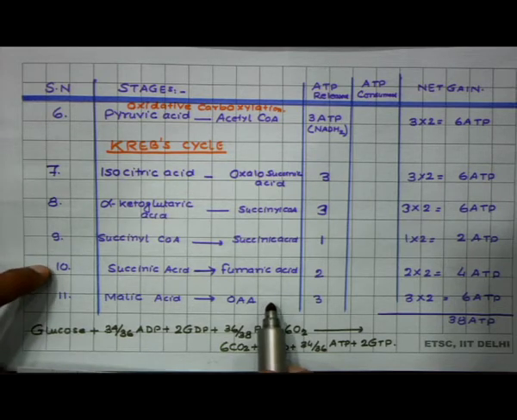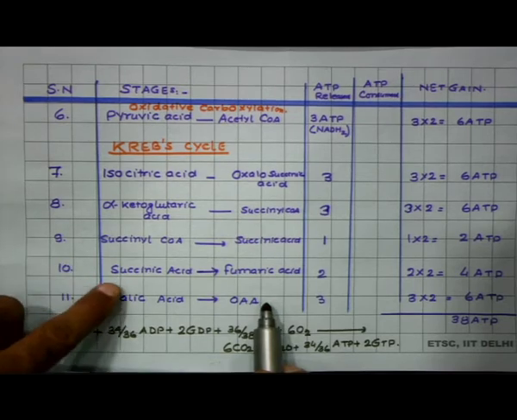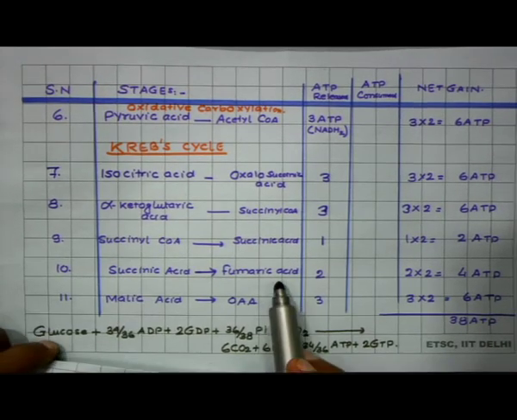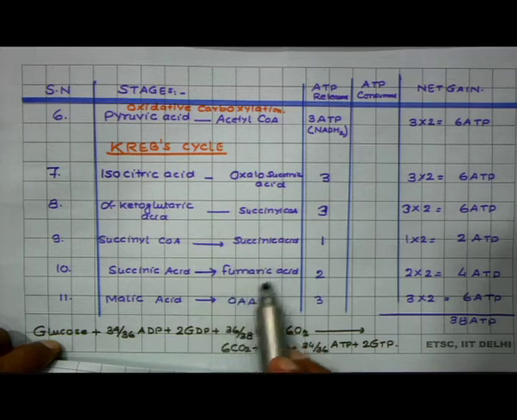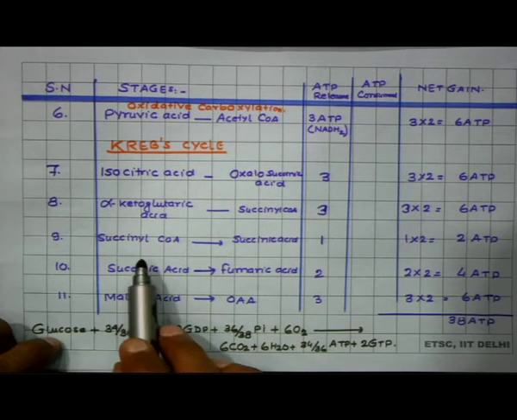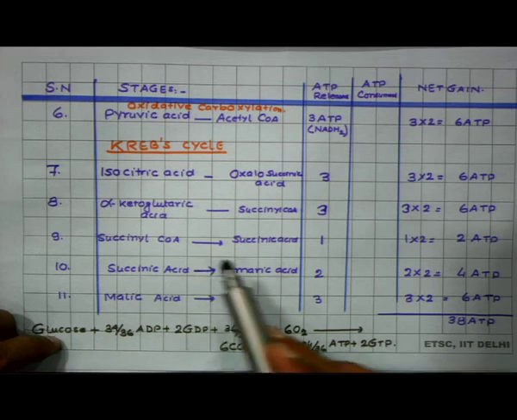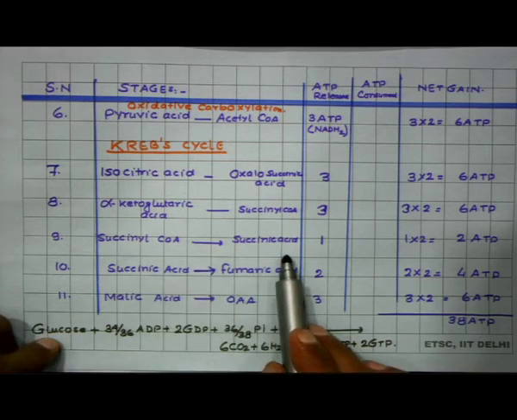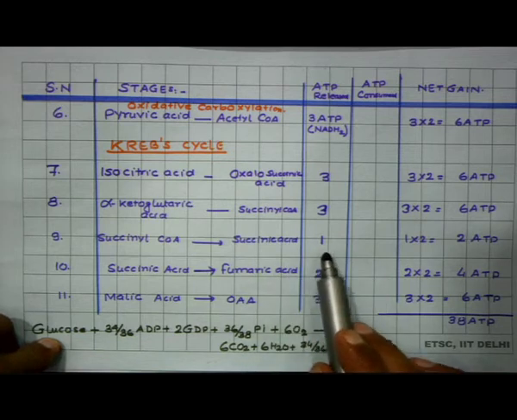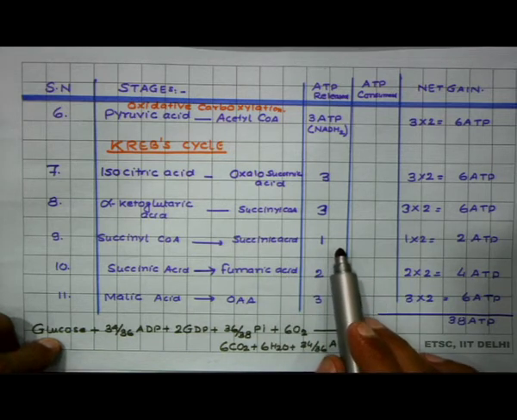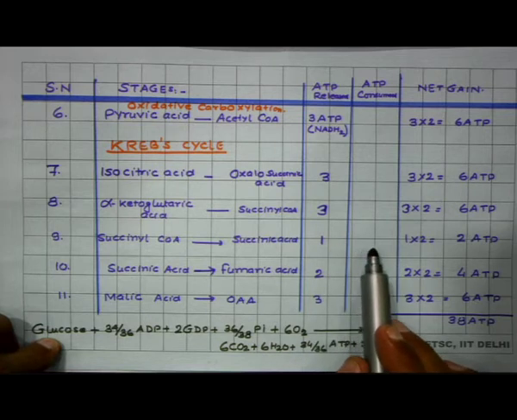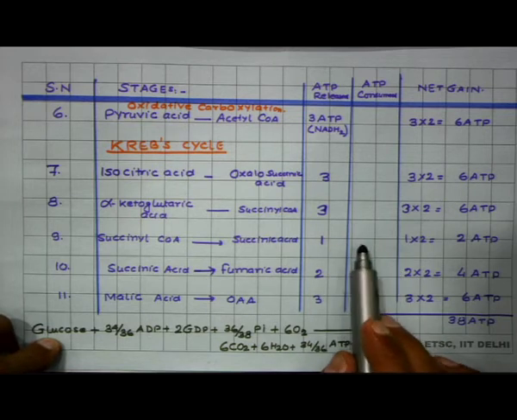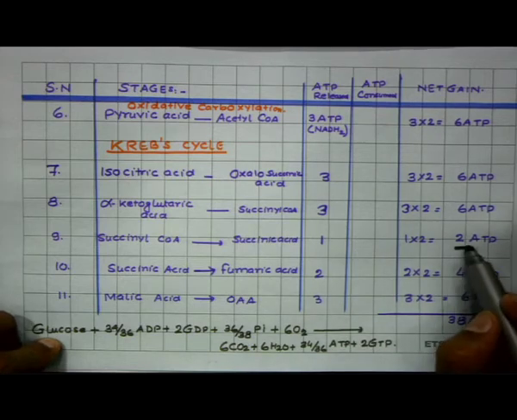In the 10th step, the conversion of succinic acid into fumaric acid, this hydrogen is accepted by FAD and converted into FADH2, and one direct level of ATP is synthesized, that is when succinyl coenzyme is converted into succinic acid, where GDP combines with the inorganic phosphate, GTP is formed, then ADP is formed, which is again converted into ATP.